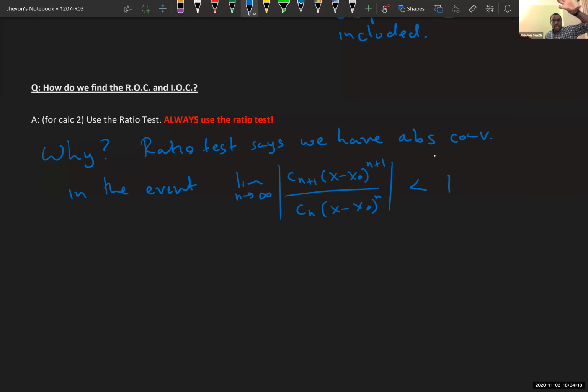So I'd literally plug in my a n plus 1, my a n, and if I can make sure that limit is less than 1, it will converge.